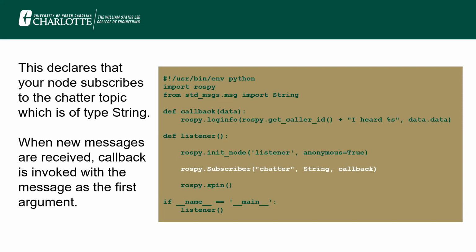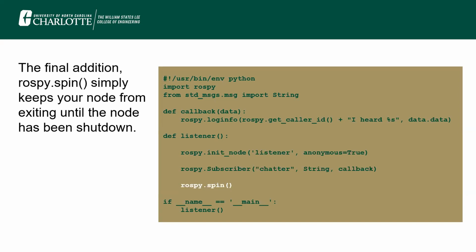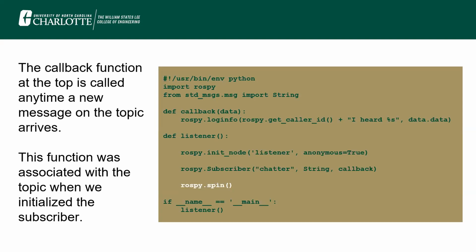On this line here, we're going to establish a subscriber to the chatter topic. So we say what the topic name is that we're subscribing to, what that topic's message type is, which is a string, and then we specify a callback function. This function, we'll see that it exists up at the top. Did I already highlight that? I did not.